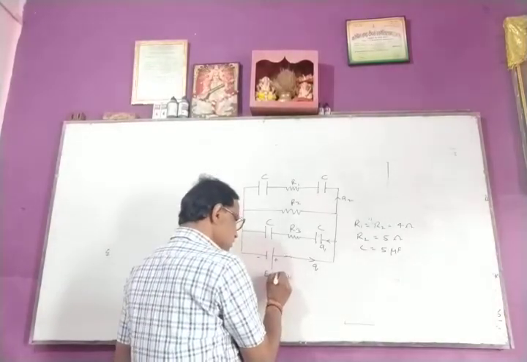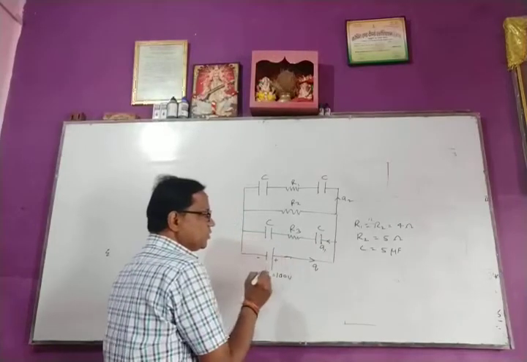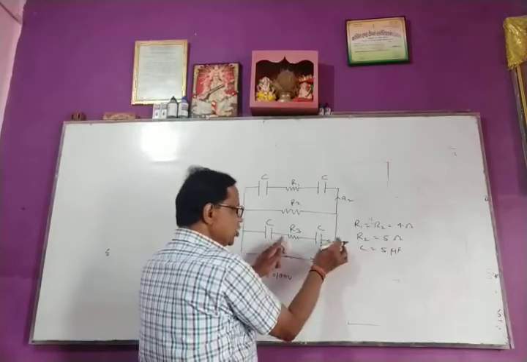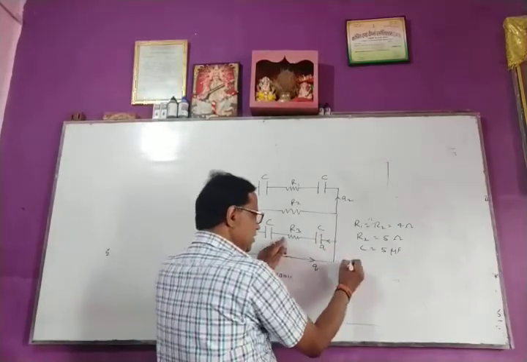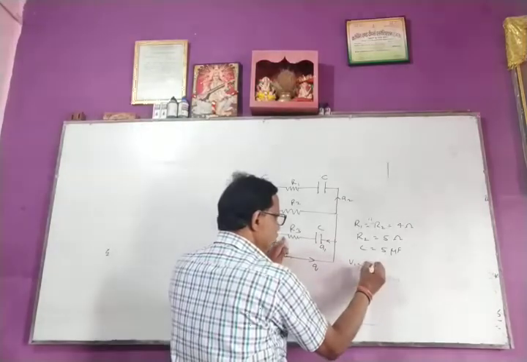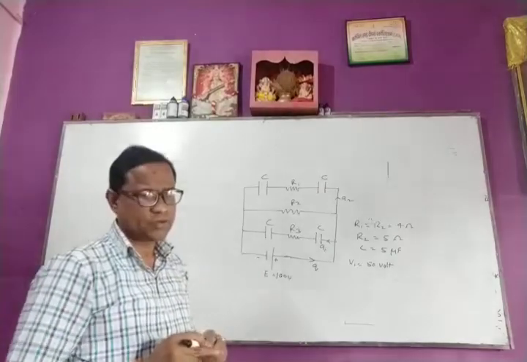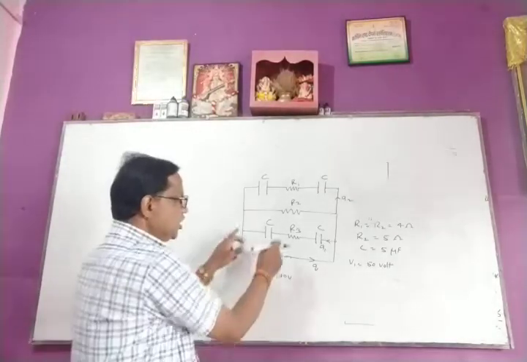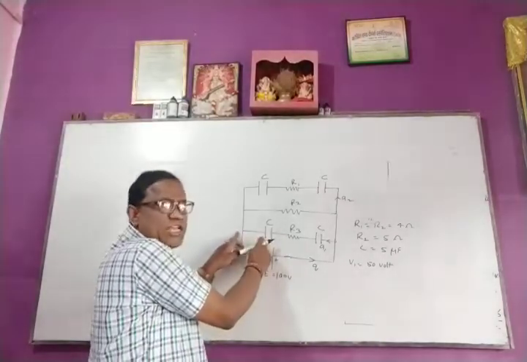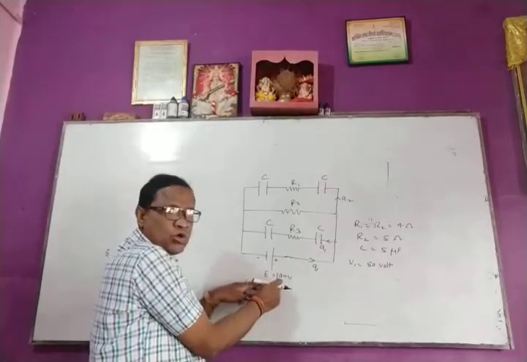Potential difference is 100 volt. So potential difference across this capacitor V1 is equal to 50 volt, and across this capacitor is 50 volt. Both together is equal to 100 volt.